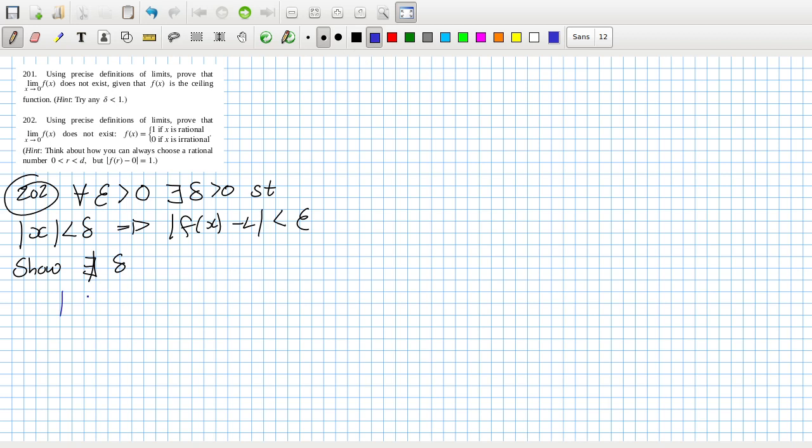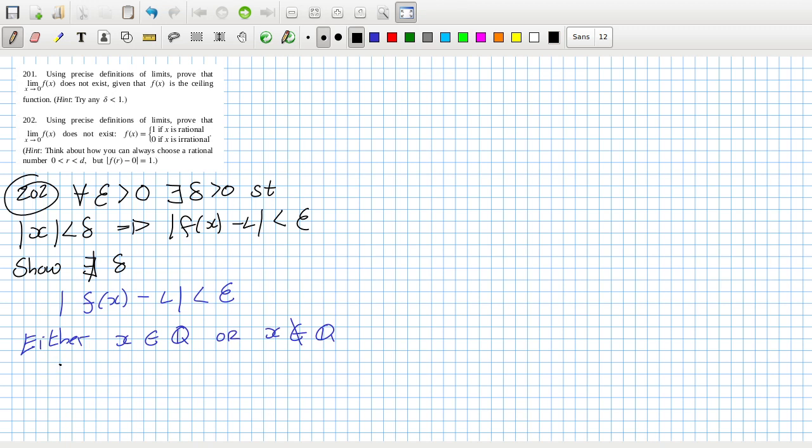Okay, we have the absolute value of f(x) minus L less than epsilon. So either x is rational or x is not rational.